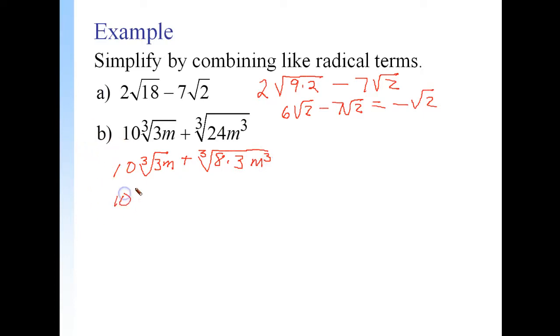So this is going to be 10 cube root of 3m. And then this becomes, now 8 is a perfect cube, so that comes out as a 2. m is a perfect cube, so it comes out as an m. And we have the third root of 3. Well, these are not like terms. I have a feeling maybe they shouldn't have put that there, then it would have been like terms. Let's see how they do it.